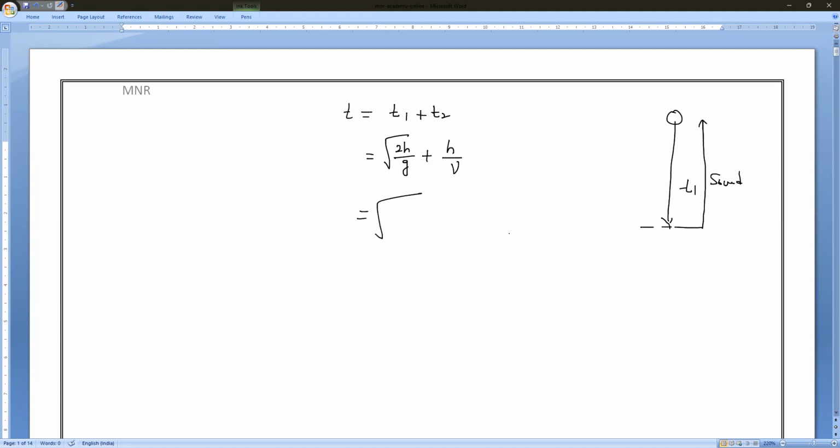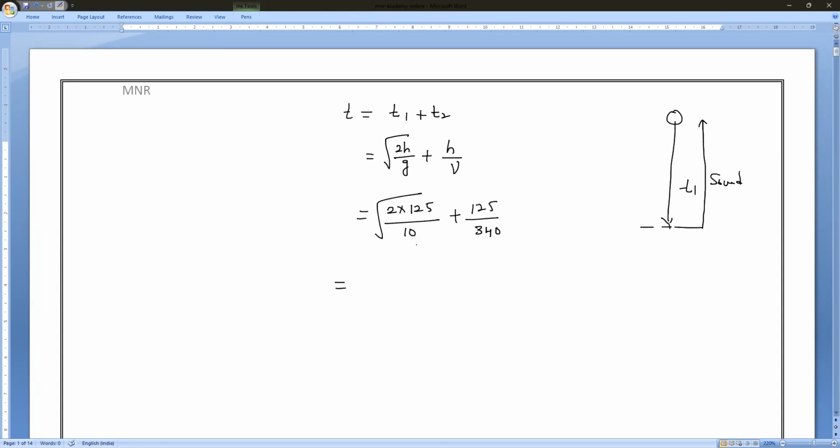So root over 2 into h value. h is 125 meters and g value is 10, plus height is 125 meters and sound will travel with 340.